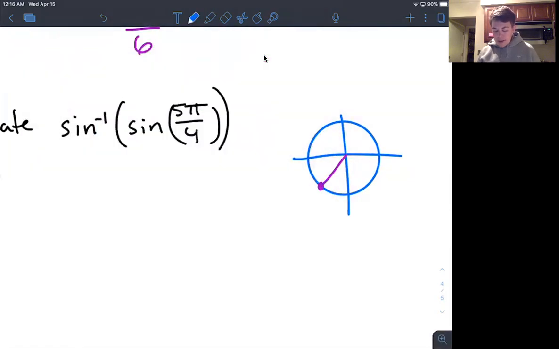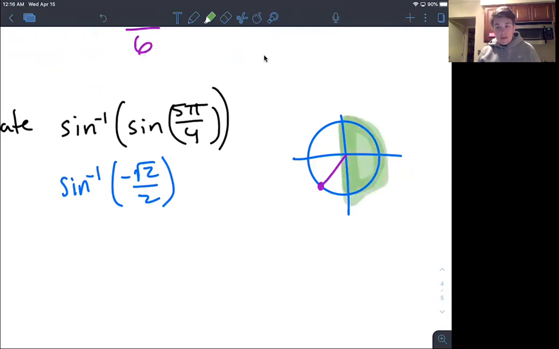So what I'm actually trying to find is the inverse sine of negative rad 2 over 2. The problem with this 5 pi over 4 business is that my principal values for sine are over here, right? 5 pi over 4 ain't over there. So I need to find an angle where the sine, the y value, is negative rad 2 over 2, that is actually in the principal values.